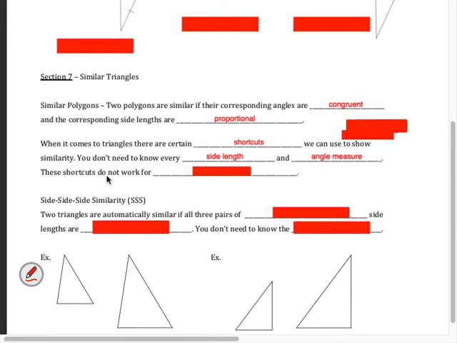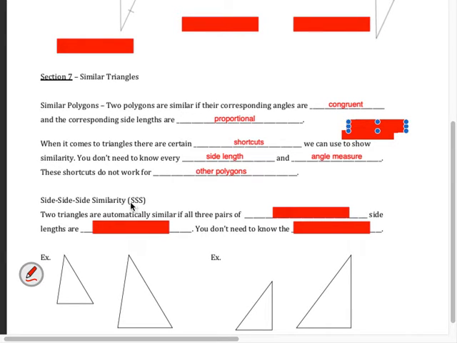But recall, these shortcuts do not work for other polygons, meaning quadrilaterals. If you have a quadrilateral, you still have to have all sides and angles, and you have to use the formal definition. So we're going to go ahead and define these shortcuts for triangles.